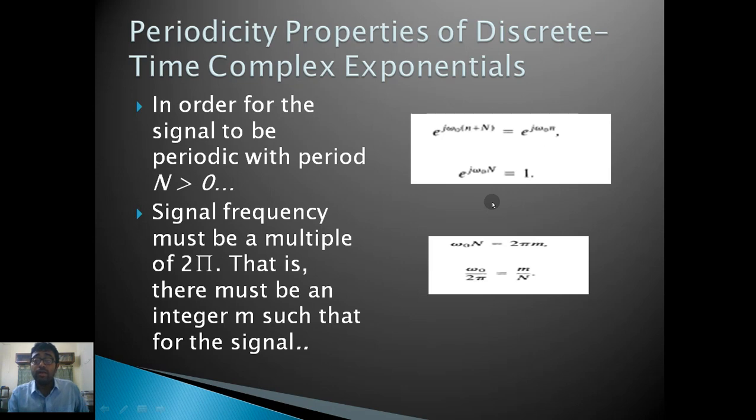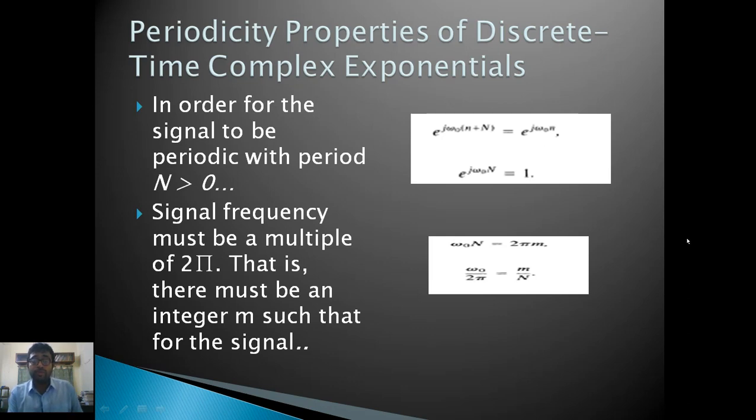And omega 0 is going to change each and every time. If we take an even multiple of pi, the frequency of the discrete time complex exponential signal will be lower.